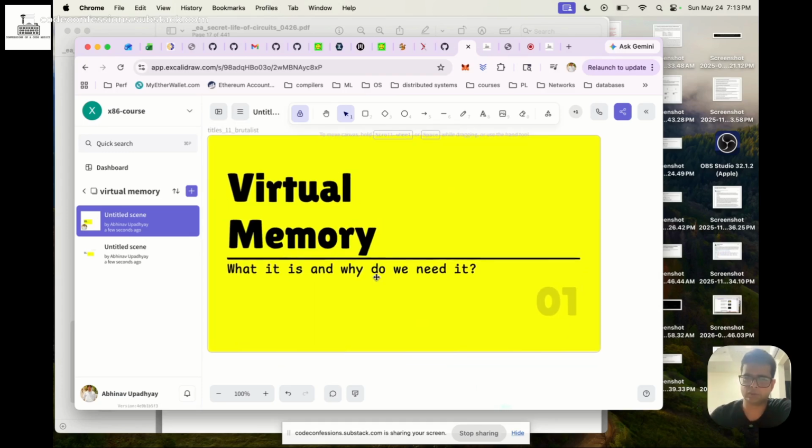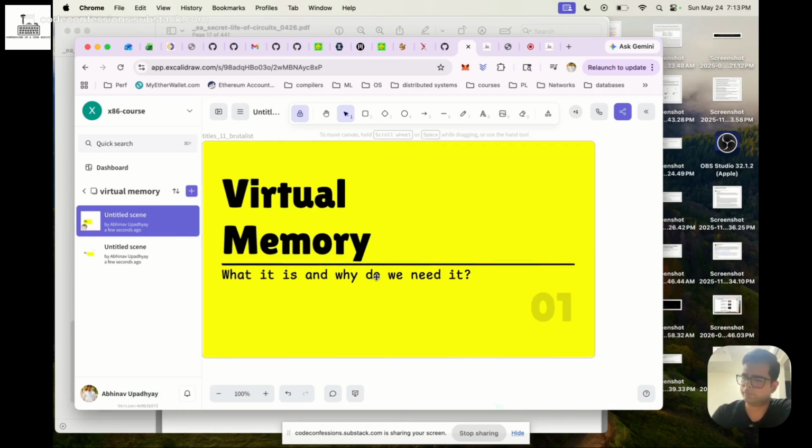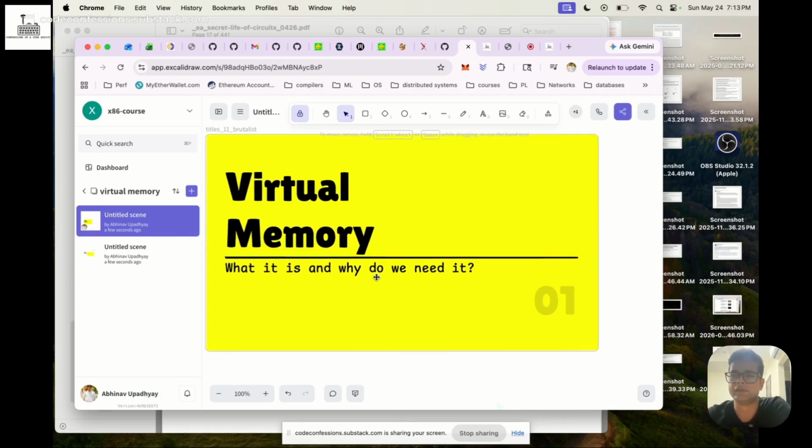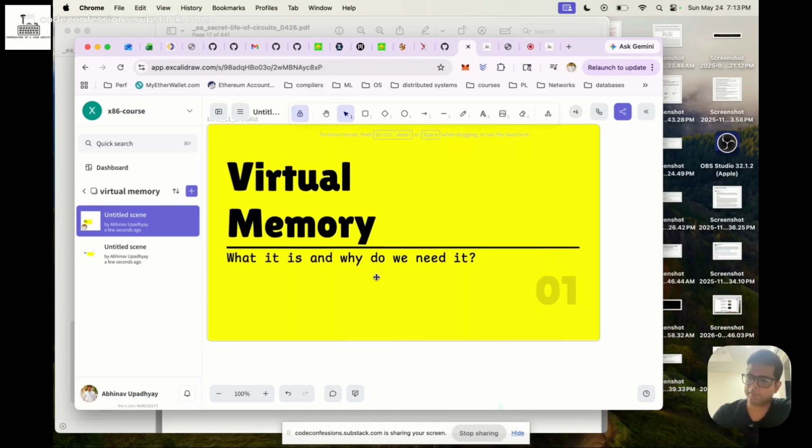So let's start to talk about that problem. Virtual memory is very strongly tied to our programming model because at the end of the day, it is how we access memory in our code. In modern days, we write code in higher level languages like Java, Python, JavaScript, Rust, and in those languages, we have a lot of abstraction between our code and the hardware.